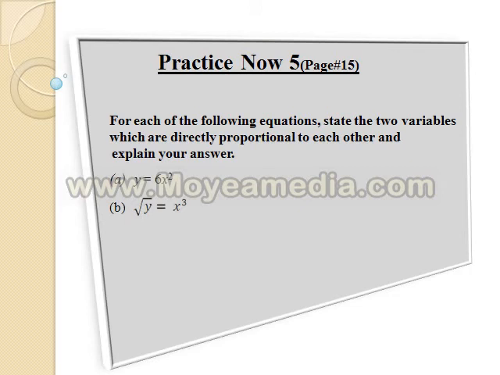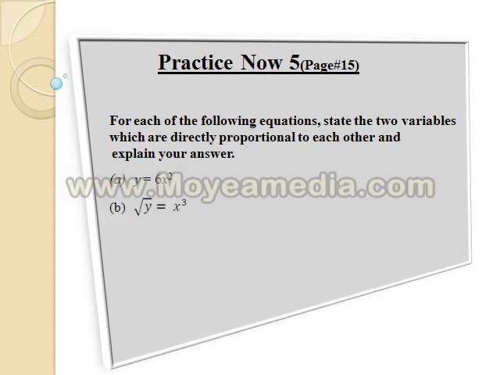Here I'm helping you with practice now 5, which is on page 15 of your book 2. What this practice is asking us is that there are 2 parts, and in each part we have to state which 2 variables are directly proportional, and we have to explain it also. So the first one you could see is y is equal to 6x square.